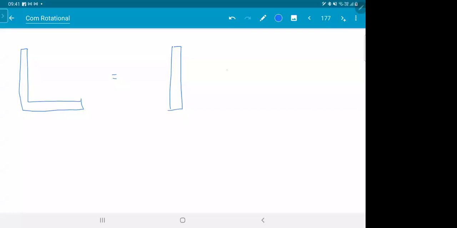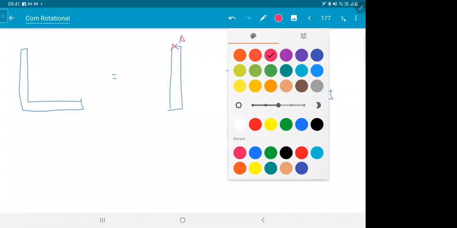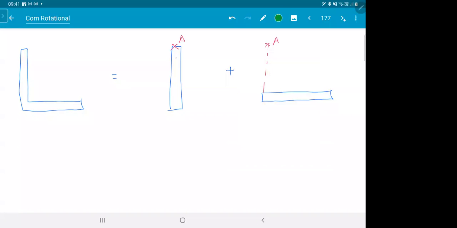This rod plus this rod. So where is A? A is here for this rod, A is here for this rod. So what is the perpendicular distance here? This is the center of mass, this is the perpendicular distance.